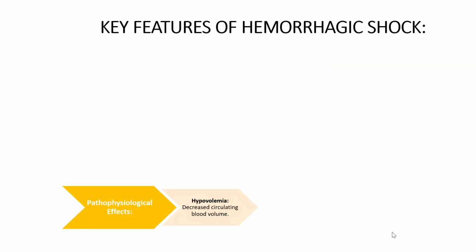Okay. So the key features of hemorrhagic shock are the pathophysiology. There will be hypovolemia because there is decreased circulating volume. That leads to hypotension. Worsening hypotension reduces the volume, that is your preload, that can worsen the cardiac function, leading to decrease in cardiac output.